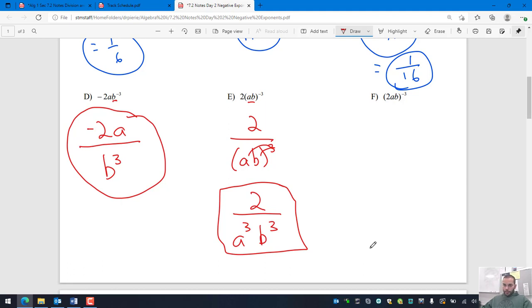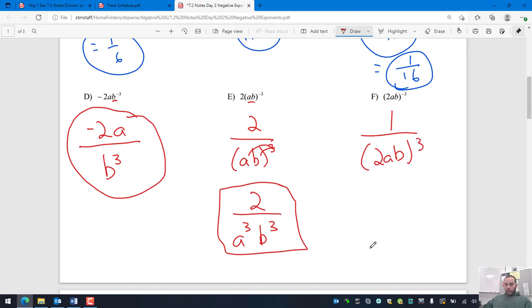And then the last one, okay? This time the entire quantity 2 times ab is all being raised to the negative third power. The way we get rid of the negative exponent is we have to move it to the denominator. Once you move it, it becomes positive. We'll keep going.